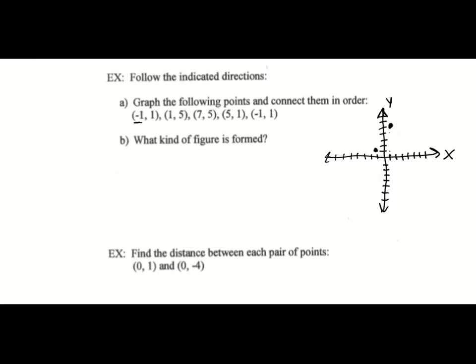Okay, remember when you're graphing these points, we always start right in the center, right here at our origin. That's where we always start counting from. So this next one, 7, 5, we're going positive 7 in my x direction. So 1, 2, 3, 4, 5, 6, 7 to the right. And then up 5. So we have 1, 2, 3, 4, 5.